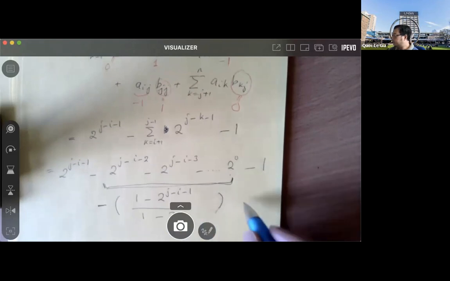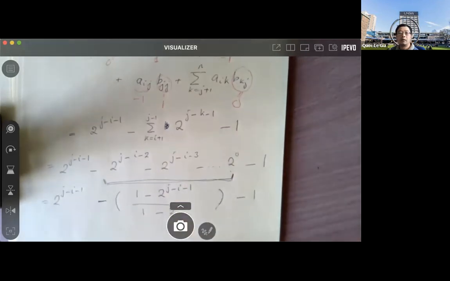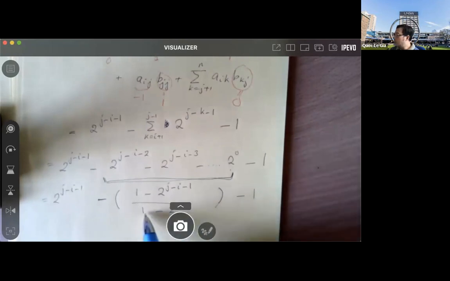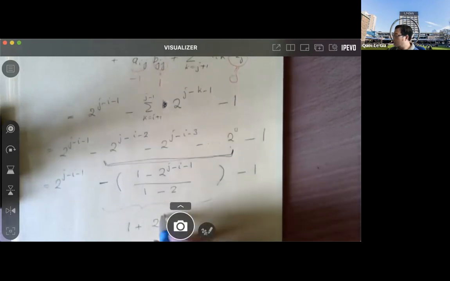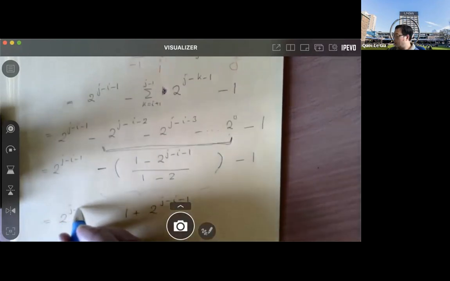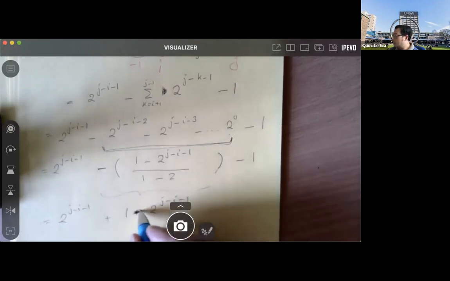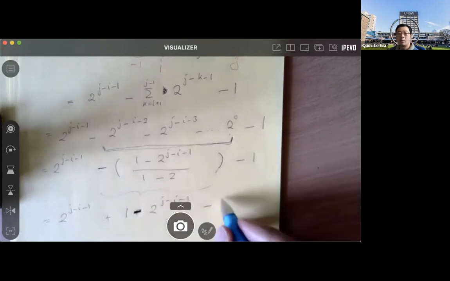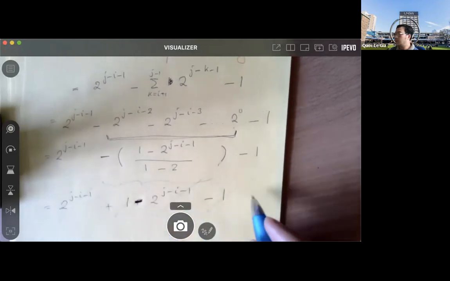And then minus 1 here, and then 2 to the j minus i minus 1. And you see 1 minus 2 is minus 1, so minus cancels with minus. Then this one becomes 1 plus 2 to the j minus i minus 1, and then plus, sorry, this should be a minus 1. So this 1 cancels with this minus 1, so it equals 0.